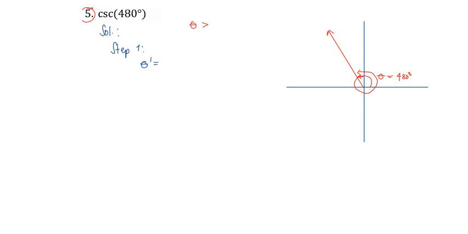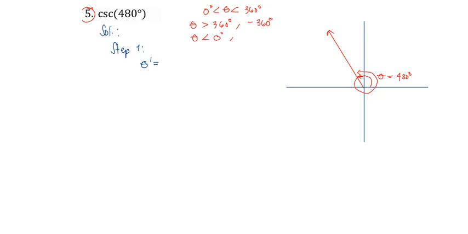So if you have a theta that is greater than 360 degrees, what you do is first subtract it by 360 degrees up until yung theta natin is in between 0 degrees and 360 degrees. And then if it's a theta that is less than 0 degrees as well, it's the same thing.